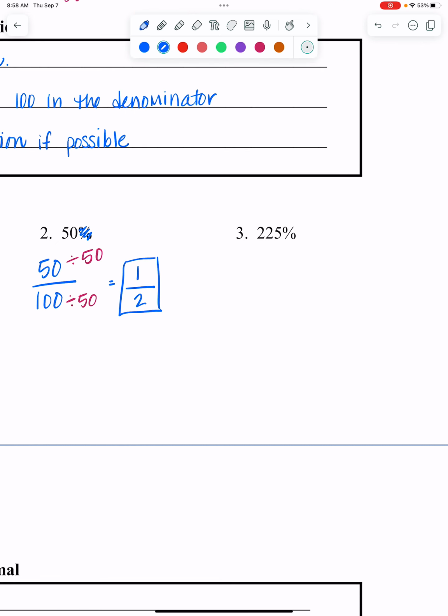Now we've got a percentage that is bigger than 100, but that's okay. We're going to use the same process. Take off the percent. We're going to rewrite the number with a 100 in the denominator, and we reduce. I can divide both of these by 25.